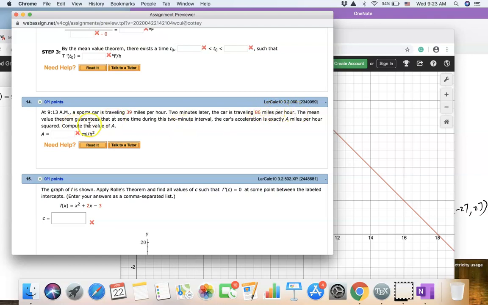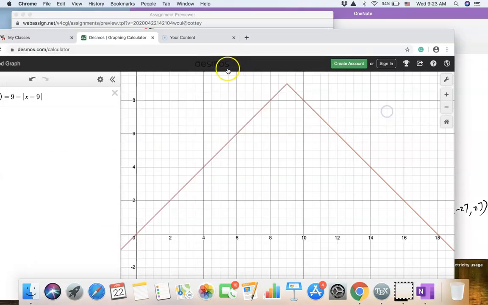The mean value theorem guarantees that at some time during this 2 minute interval, the car's acceleration is exactly A miles per hour squared. And we are asked to compute the value of A. So what does this problem mean?